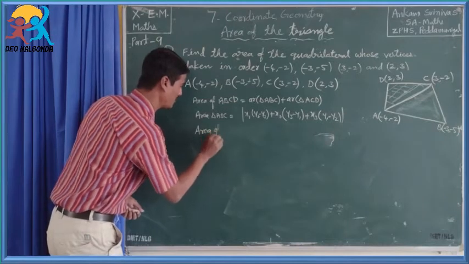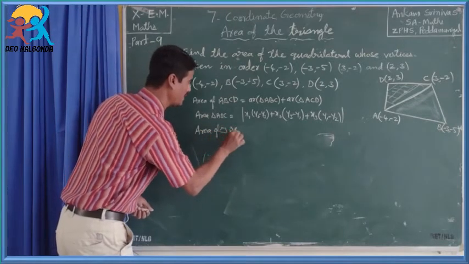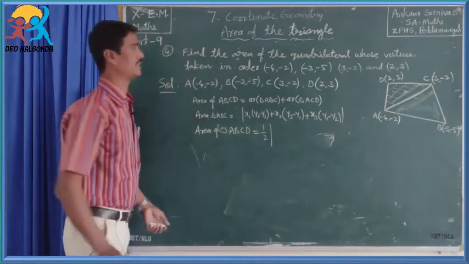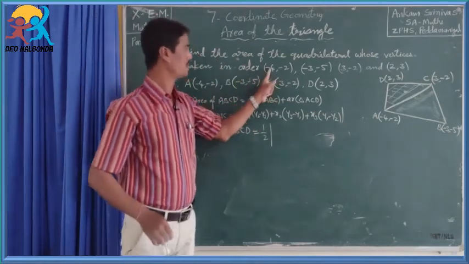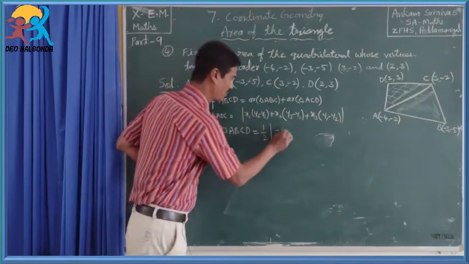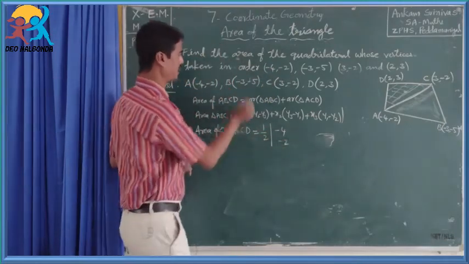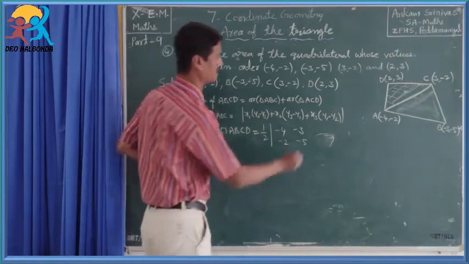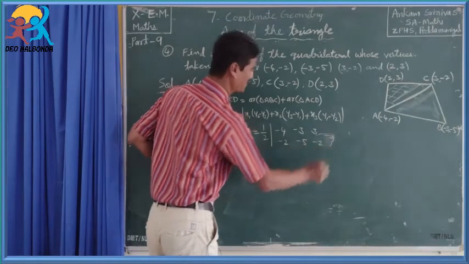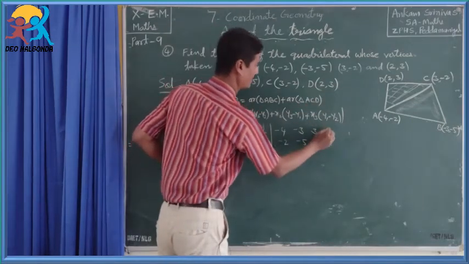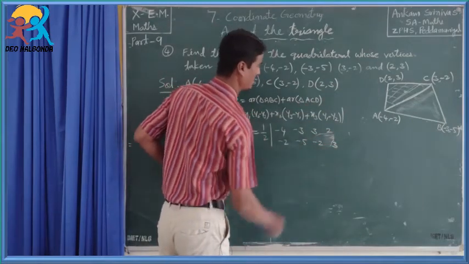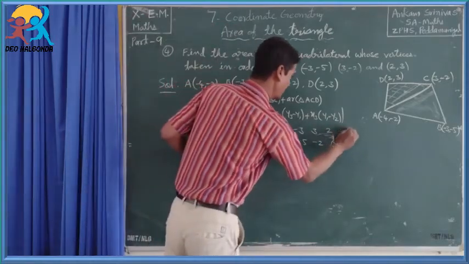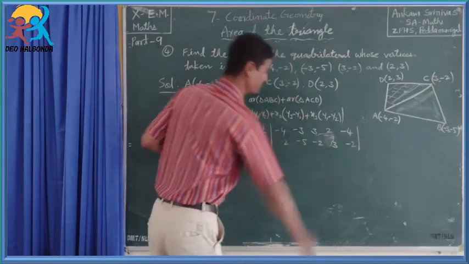Area of quadrilateral ABCD: write the given vertices: (-4, -2), second point (-3, -5), third one (3, -2) and fourth one (2, 5), and repeat the first vertex as it is, (-4, -2).